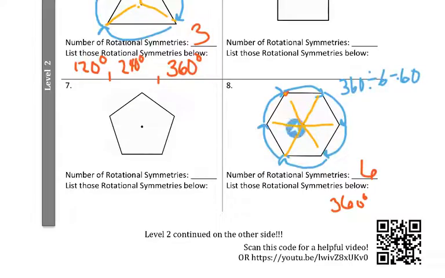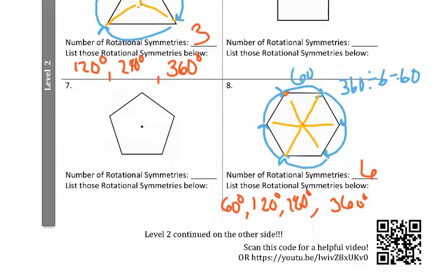I think what that's telling me is that this angle right here, or this rotation, is 60 degrees. So I could rotate this hexagon 60 degrees, or like we said, we could rotate it twice. So that'd be 60 plus 60, which is 120. Or we could rotate it 3 times, which is 180.